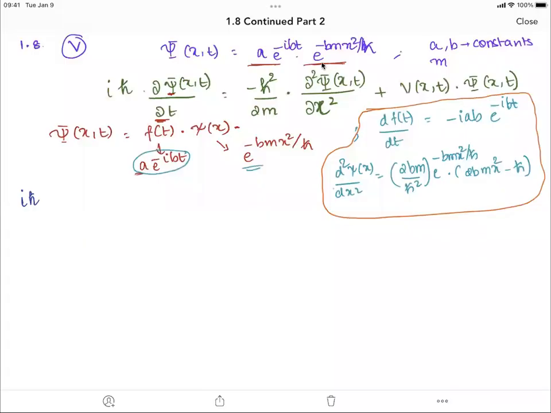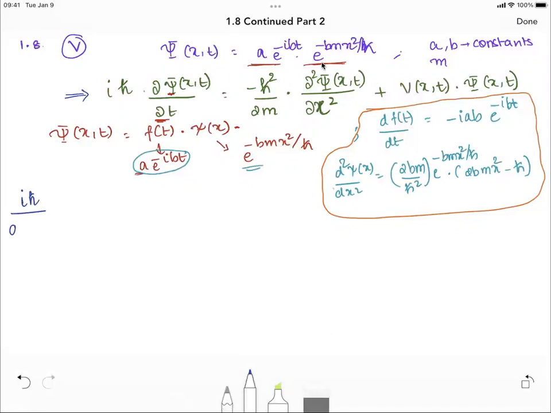After solving for the first derivative with respect to time and the second derivative with respect to x, let's go back to the Schrodinger equation. We can write it as i h bar times f of t. You can refer to the previous part, where we showed what the equation would be.